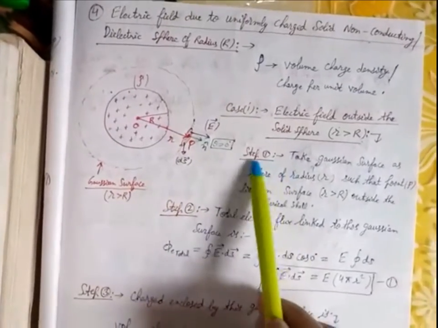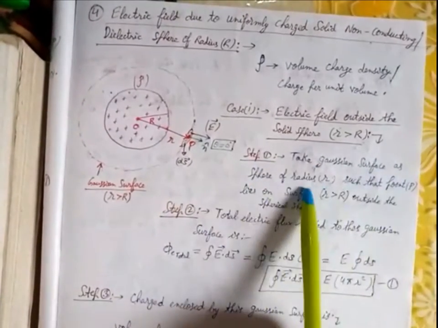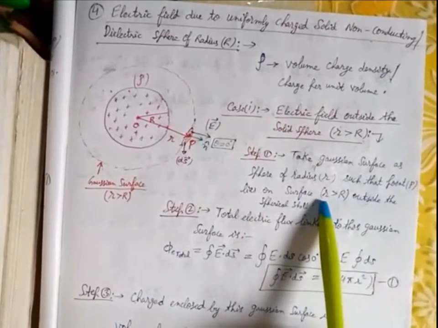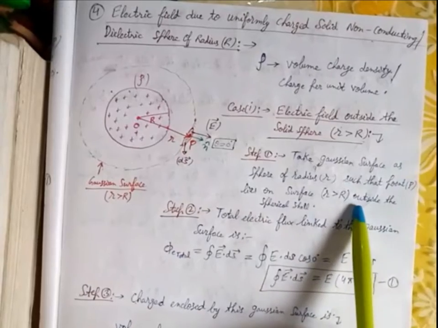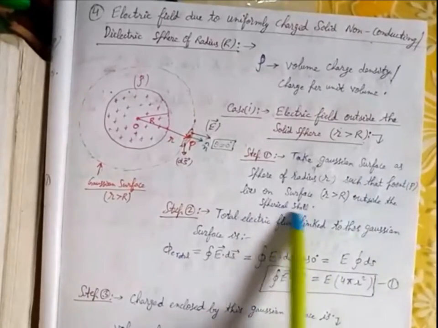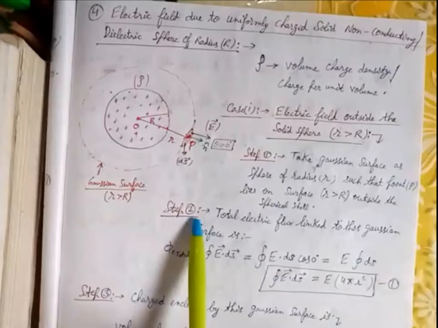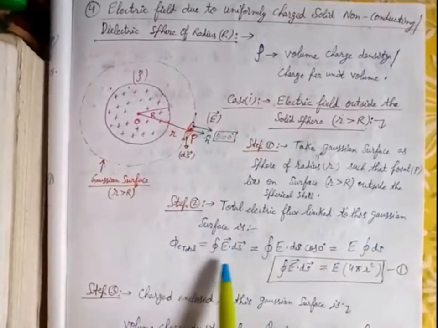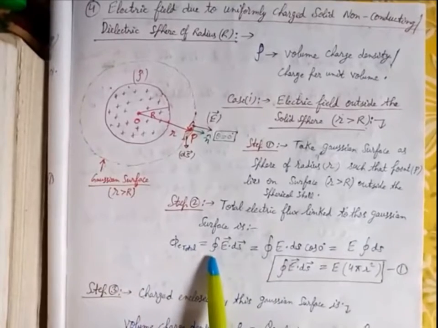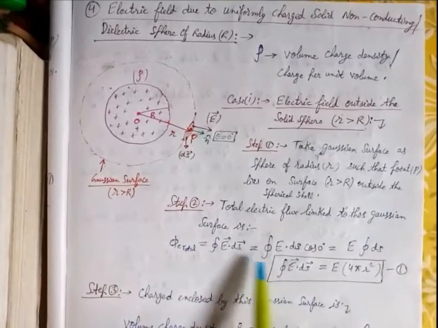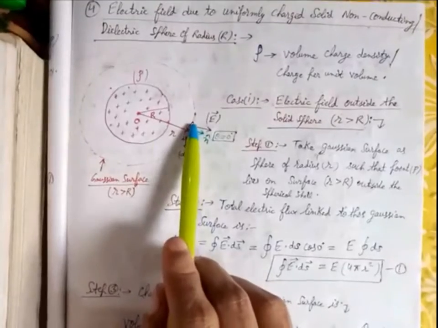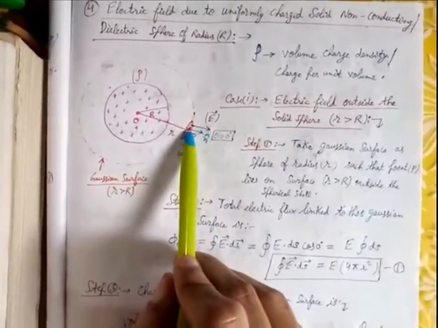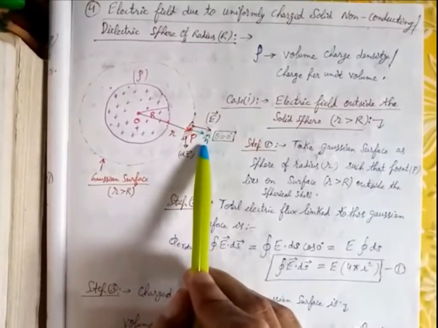So step 1, take the Gaussian surface as a sphere of radius small r, such that the point P lie on the surface, small r greater than capital R, outside the sphere. Now step second is total electric flux linked through this Gaussian surface will be phi E total closed integral E dot ds, that is equals to the vector electric field is outward and the direction of the area vector is also outward, that is n cap.